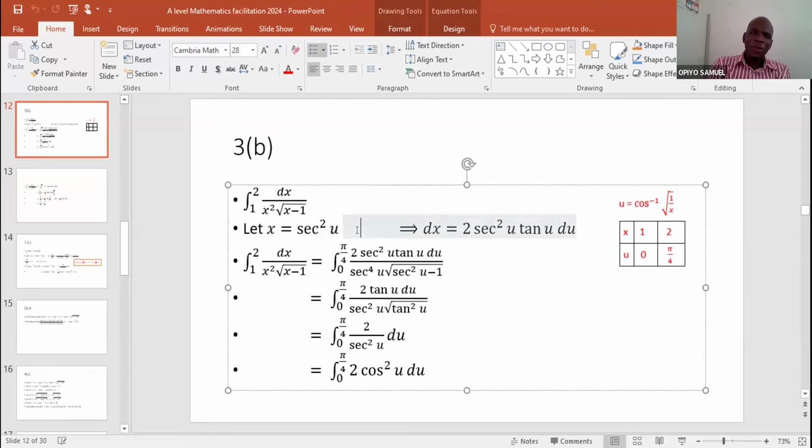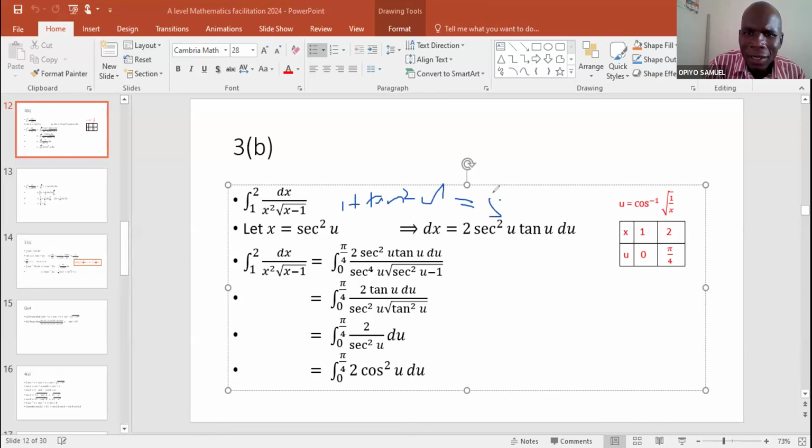Thank you. Now, we are looking for ways of simplifying this expression. We know from Pythagorean identities that 1 plus tan squared u is equal to sec squared u.